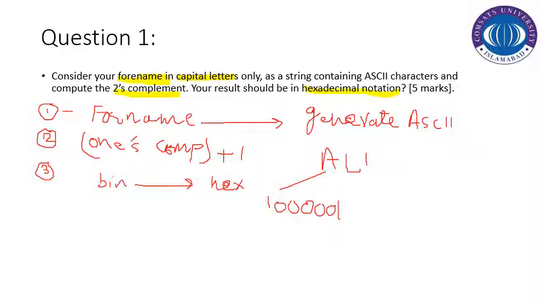For the alphabet L, we have the ASCII value that is equivalent to 100 1100.